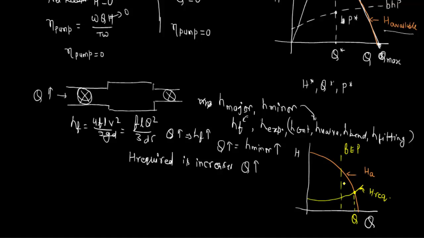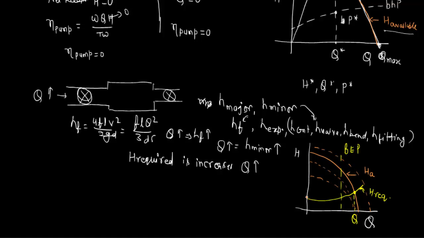Now we can do this by providing different RPM, because this performance curve, the H available curve, is at a particular or designed RPM. So as the RPM is changed, this curve is going to change. At different RPM, it may look like this. Let me say this is at the lower RPM, this one is at the higher RPM, and this is at a still lower RPM.